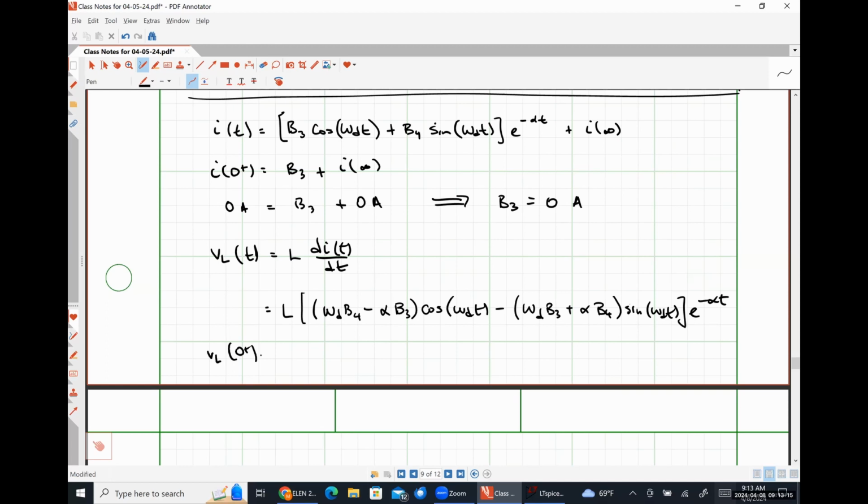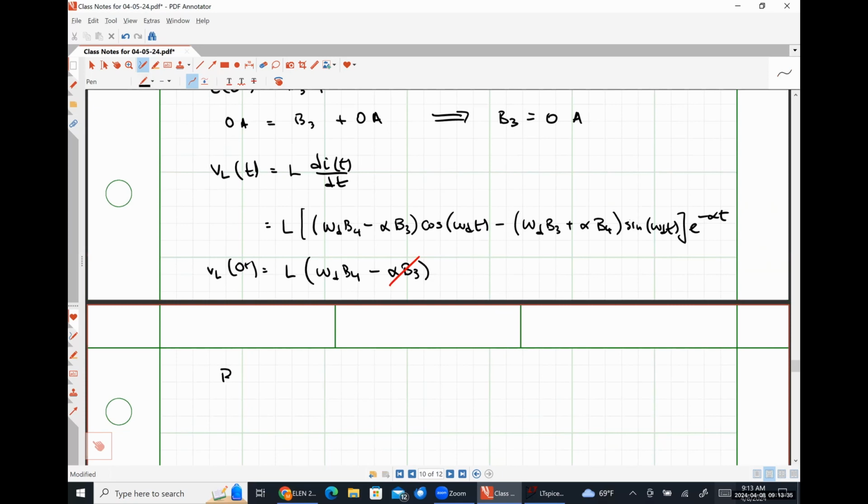VL at 0 plus is going to look like just L times omega d B4 minus alpha B3. We know that the alpha B3 term is literally just 0, so I'm going to throw that away.